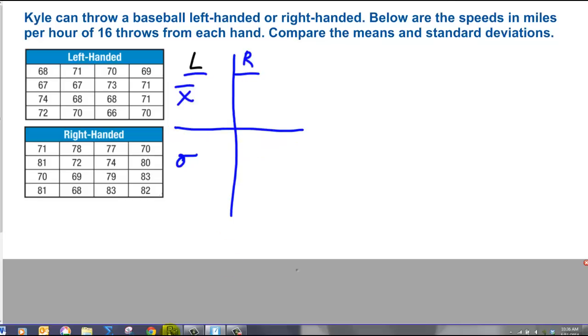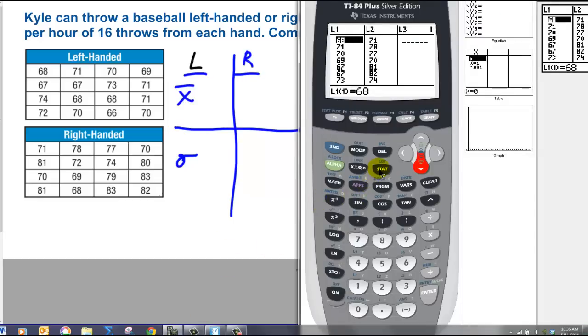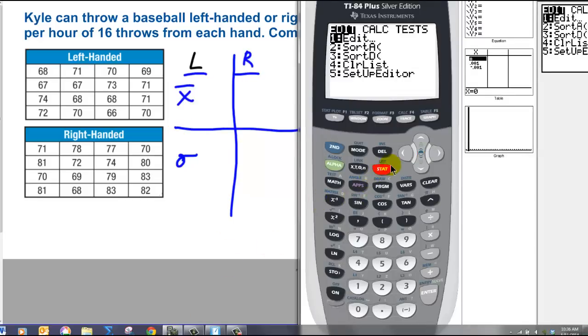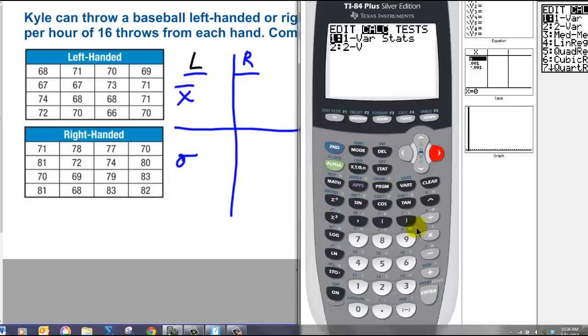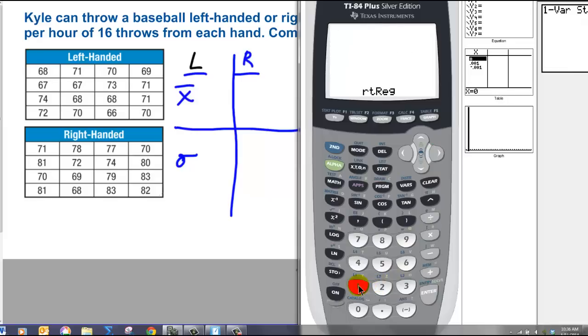Go back to our calculator. We'll go Stat, Calc. We'll go one variable statistics. We need to tell the calculator which list to take that from. So we'll go second L1.